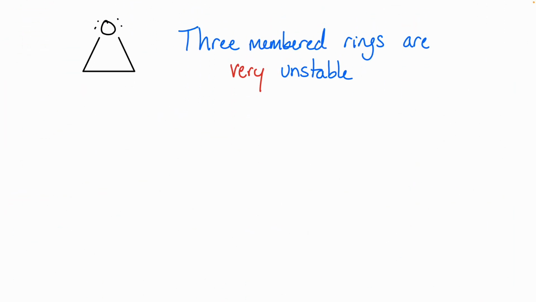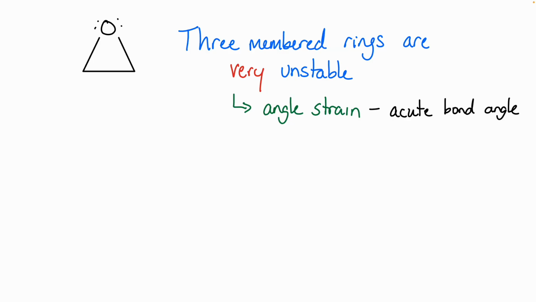All right, and that's because they have what's called angle strain due to that acute bond angle, as well as what's called torsional strain due to those eclipsed bonds.